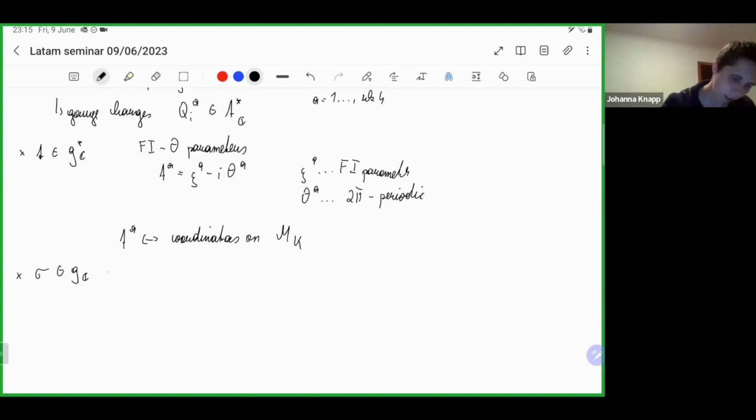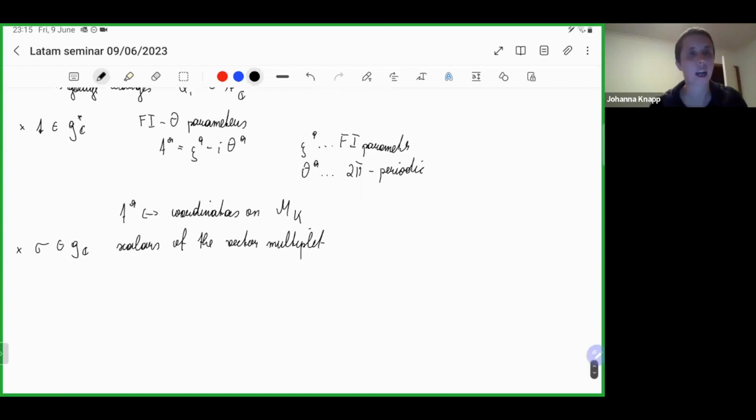So these are the scalar components of the vector multiplet. Another type of scalars, and they naturally live in the Lie algebra of the gauge group, just like the field strength tensor does. So you can write this as sigma^a and then the generators of the Lie algebra.